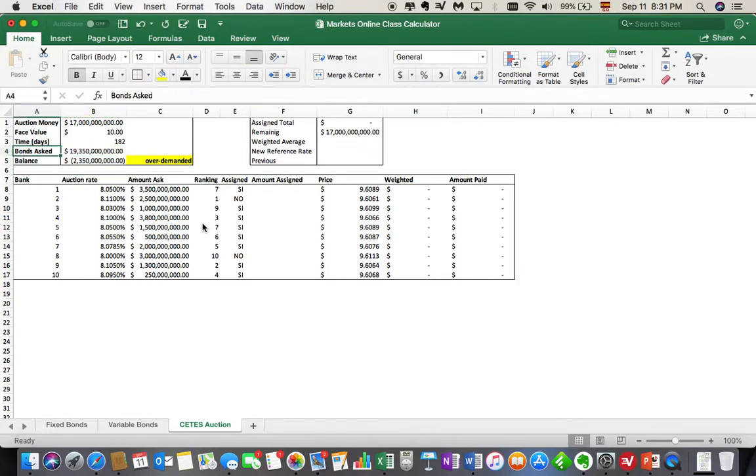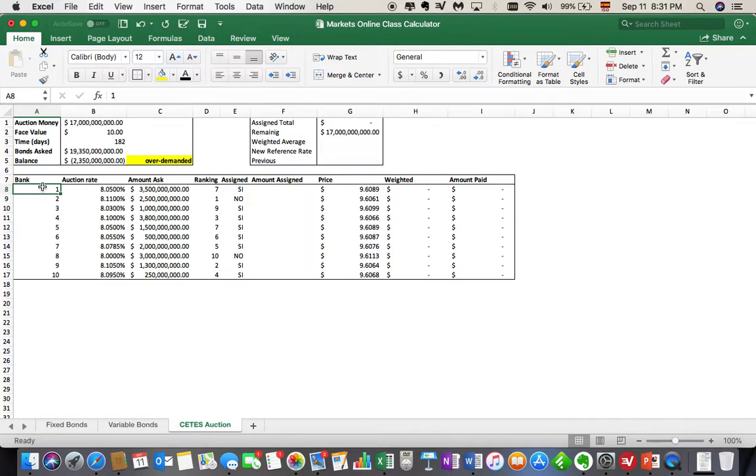Now I know you don't know the definition of bonds asked, so I'm gonna explain it right now. This is how the auction works. Banxico sends an email to the traders of all banks, of 10 banks, and asks them if they, well, not ask them, they force them to participate in this auction rate.